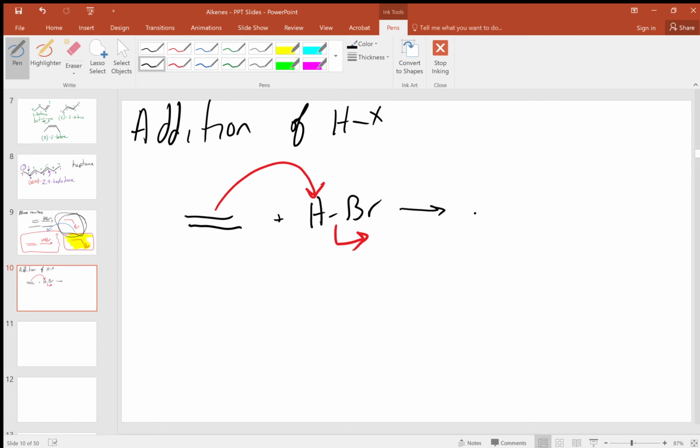The result of this first step is that we've added a hydrogen at one of the carbons and formed a carbocation at the other side. And then the resulting bromide anion attacks the carbocation to give us our product.